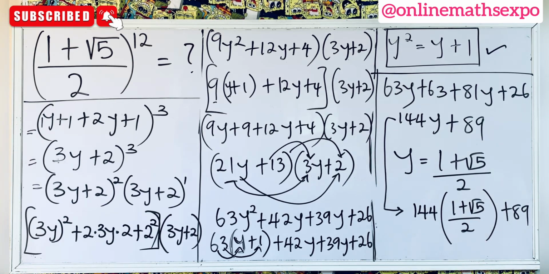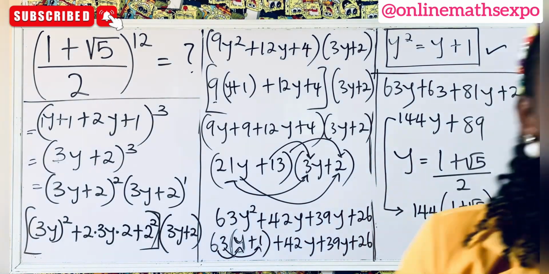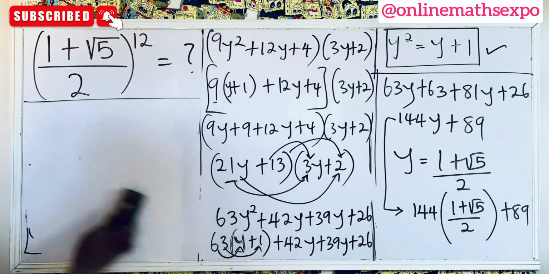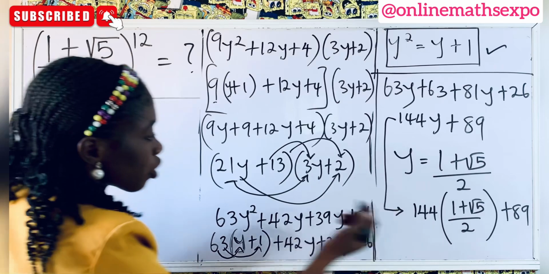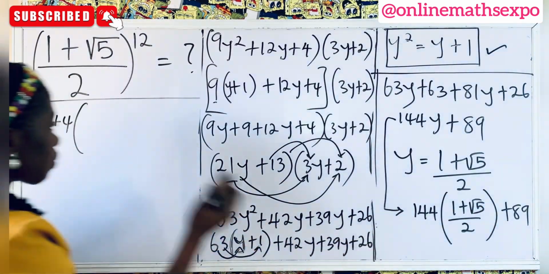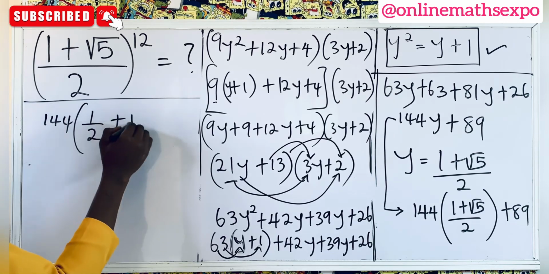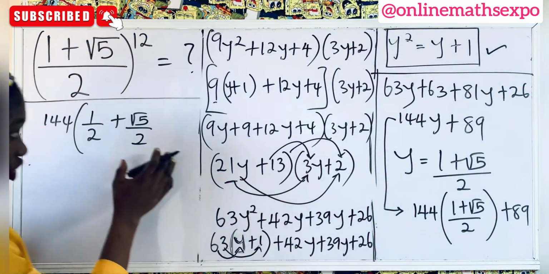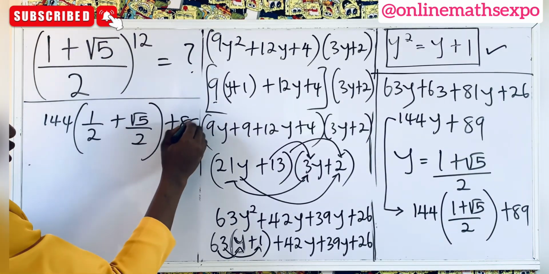Let's simplify this. What you have there is 144 into, this can be split to be 1 over 2 plus root 5 over 2, which is the same as this, sharing a common denominator, plus 89.